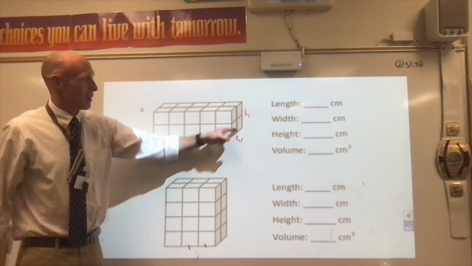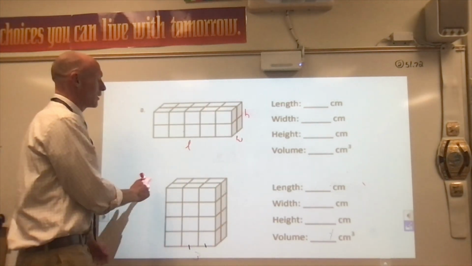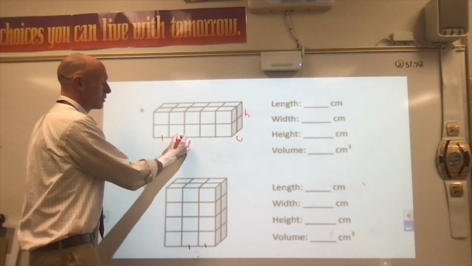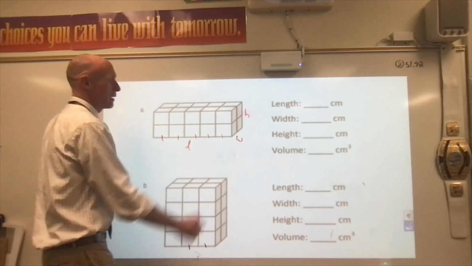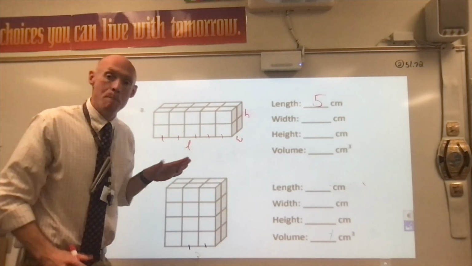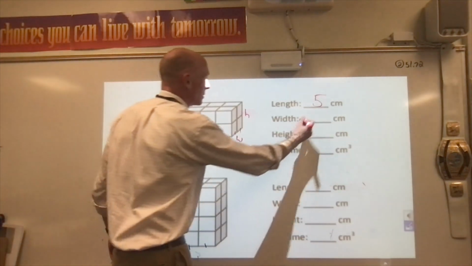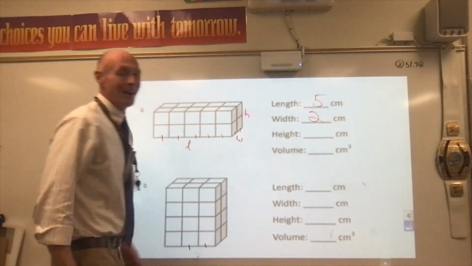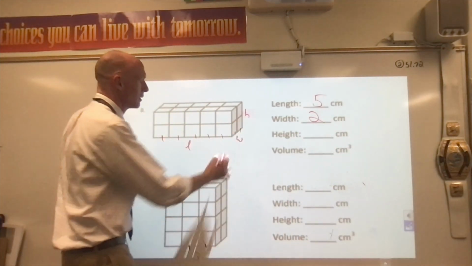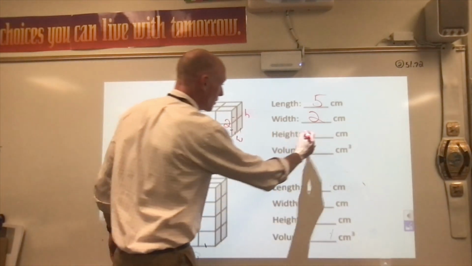My length, my width, my height. Over here it's asking us to find that. Length is going to be 1, 2, 3, 4, 5. Width, how far back are you going? 1, 2. Finally, height, how tall is it? 1, 2. Height is going to be 2.